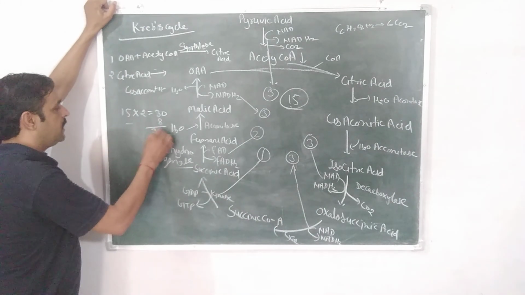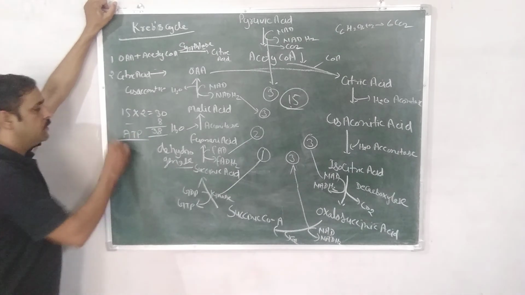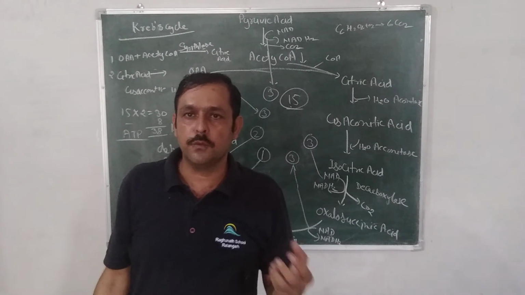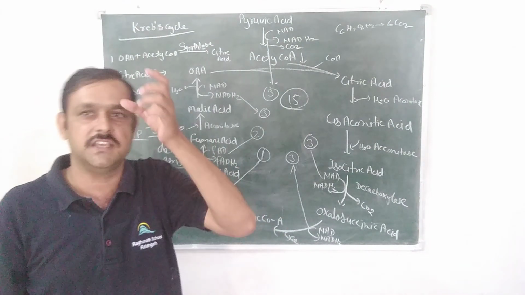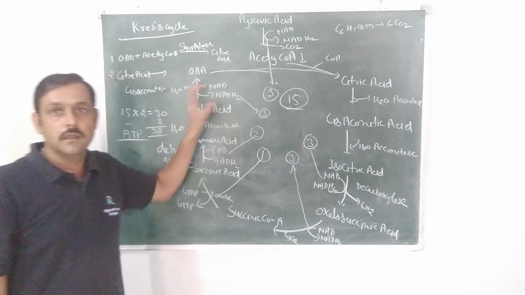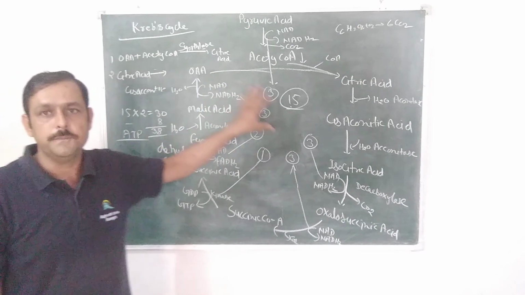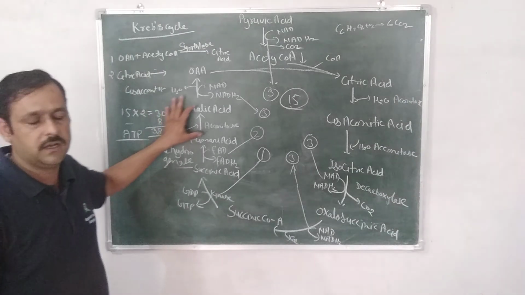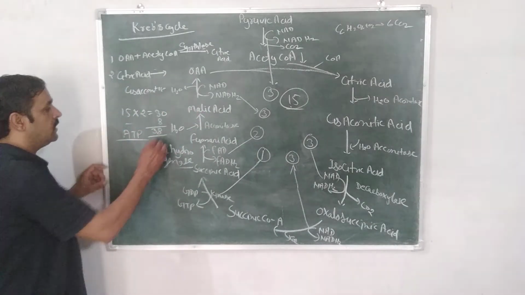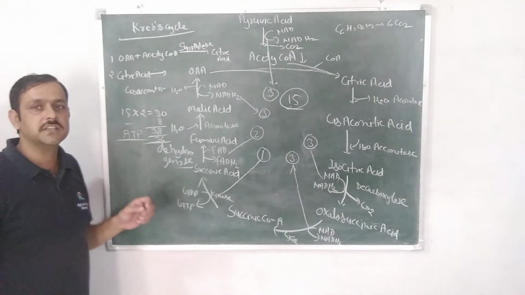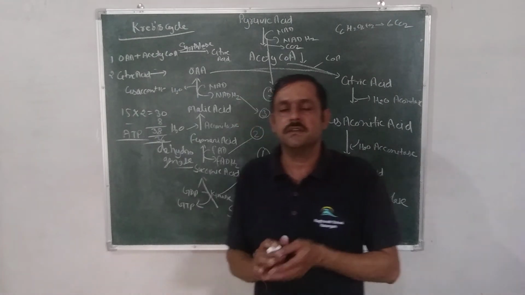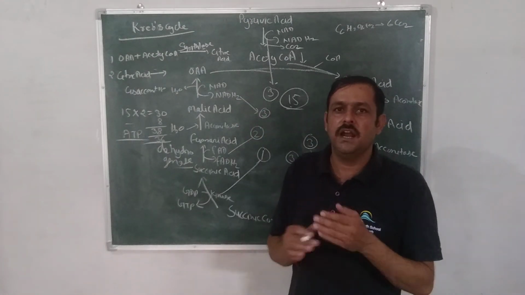So total ATP formed in oxidative respiration is 38 if the malate aspartate shuttle is transporting glycolysis NADH2 from cytoplasm to mitochondria. If the glycerol phosphate shuttle is transporting, then we know that 36 ATP is formed. This is glycolysis, acetyl coenzyme A and Krebs cycle.